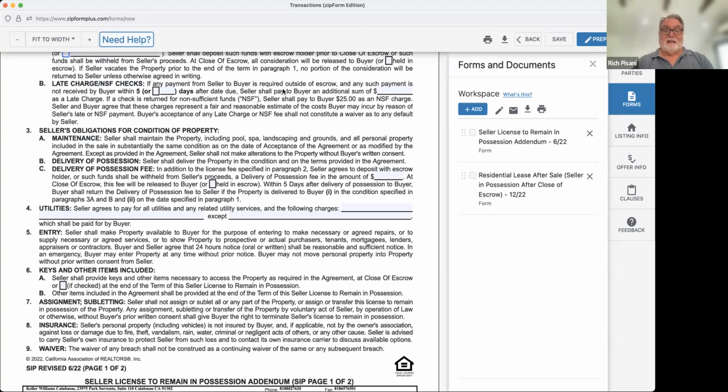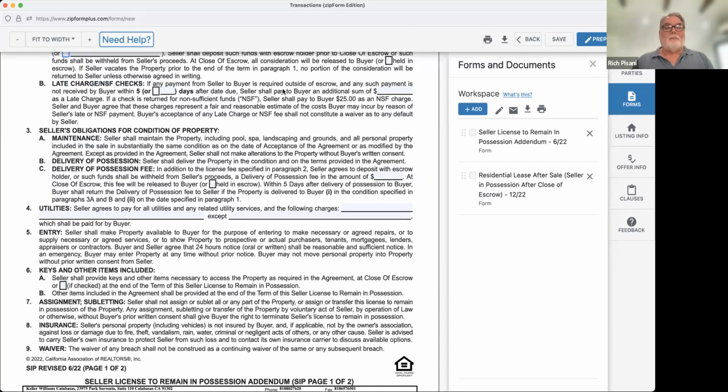Tenants, mortgagees, lenders, basically anyone. And basically what this is saying is that all I have to do is give you 24 hours notice, oral or written. If I was the buyer, I'd make sure it was written. And that's all I have to do, give you 24 hours and I will have access to the property.